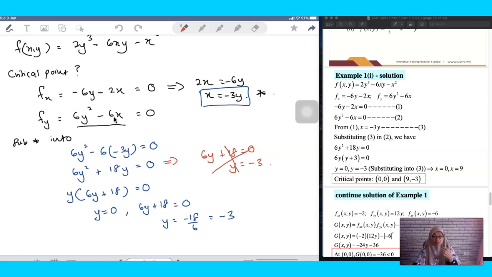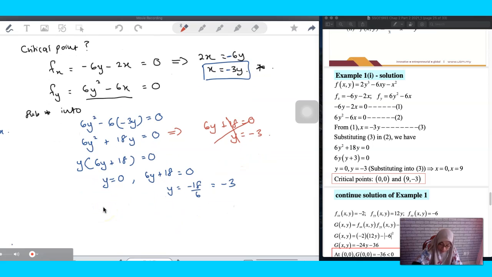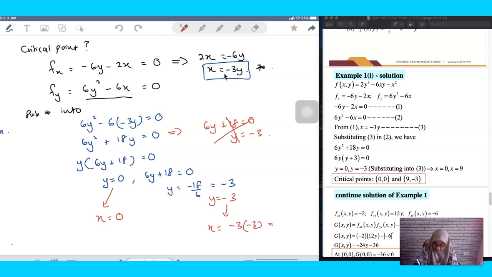The correct way is to factorize the y first, then you will get two values of y. Since you got two values of y, when you substitute your y into this equation, you will get x equal to 0 for y equal to 0, and for y equal to minus 3, your x is minus 3 times minus 3, which gives you 9.